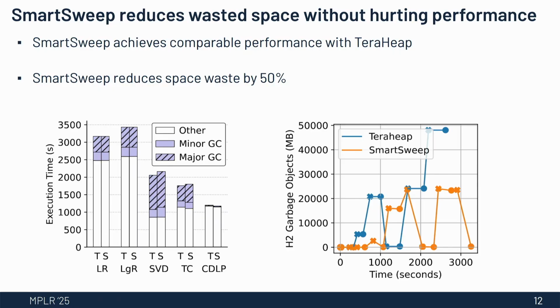However, the good point of SmartSweep is that it can reduce the space waste by 50%, as we see in this experiment, where we show the H2 garbage objects before and after each garbage collection cycle.